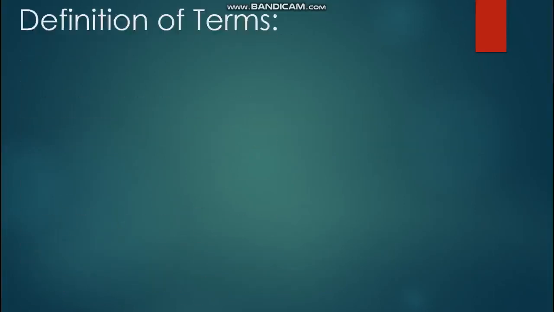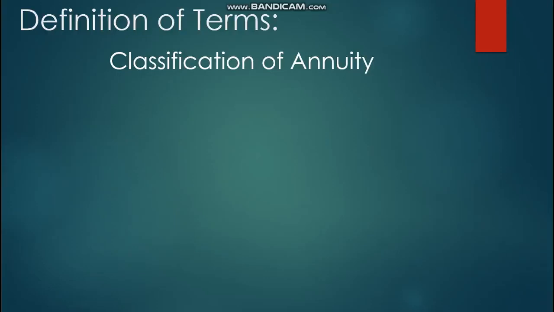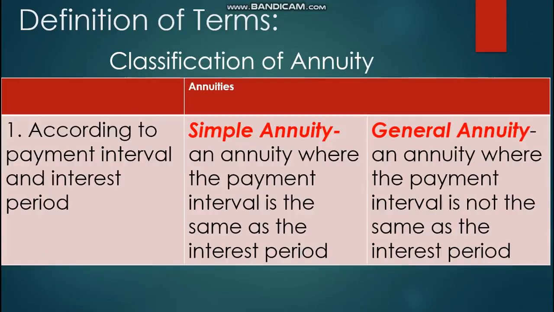We have the classification of an annuity. It consists of 3 classifications. Number 1, according to payment interval and interest period. Dalawa siya. It can be simple or general annuity. Kapag simple annuity, an annuity where the payment interval is the same as the interest period.